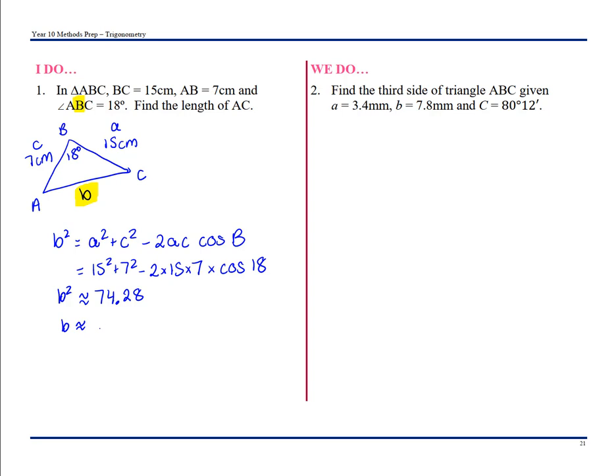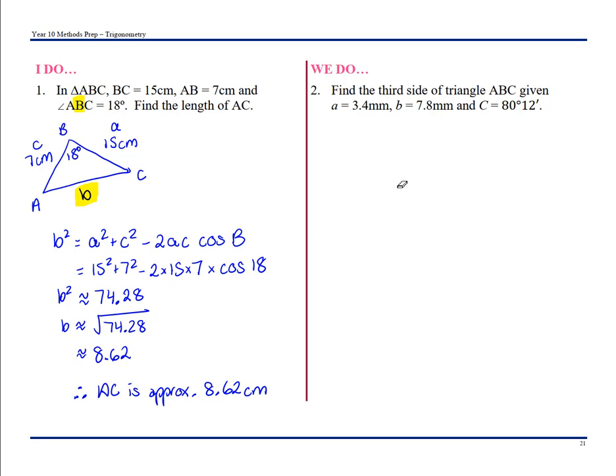So B is going to be approximately the square root of that. When you go to your calculator, the answer for B squared is already on it. So just go square root and then answer button. And you get approximately 8.62. So therefore, AC is approximately 8.62 centimetres.